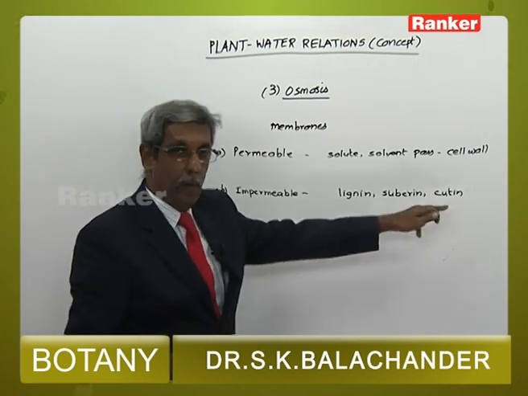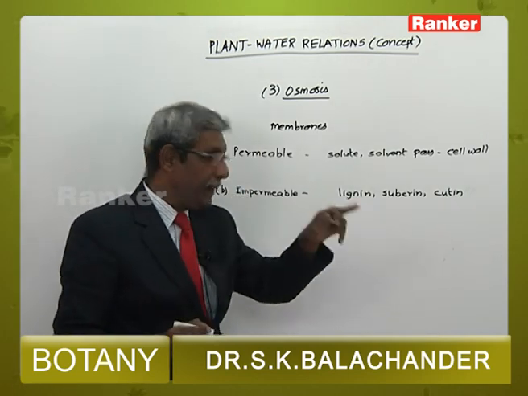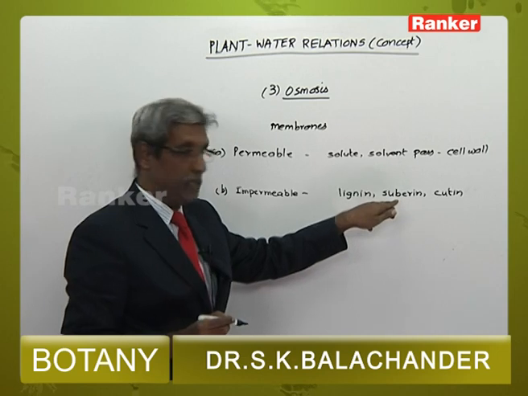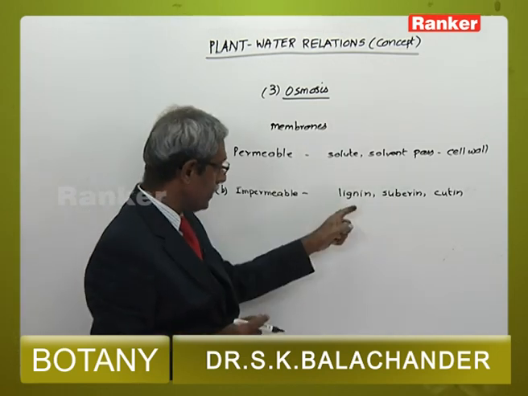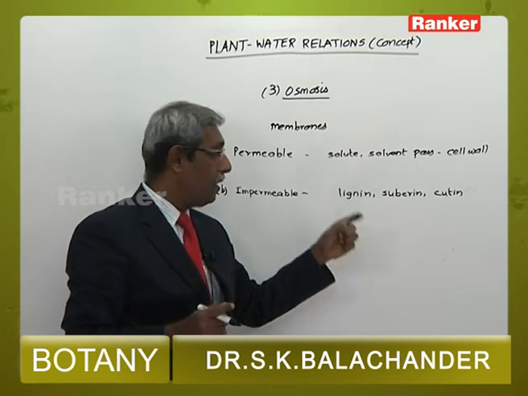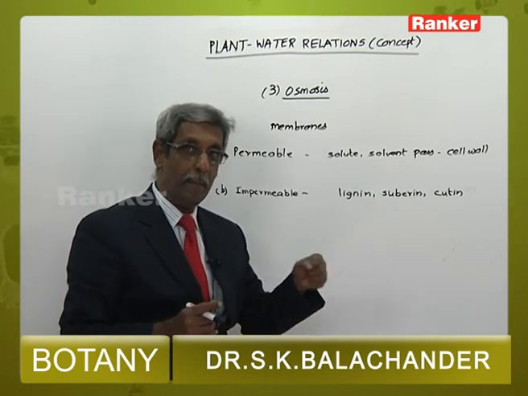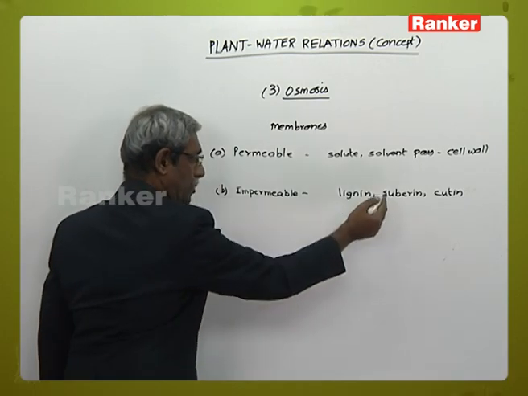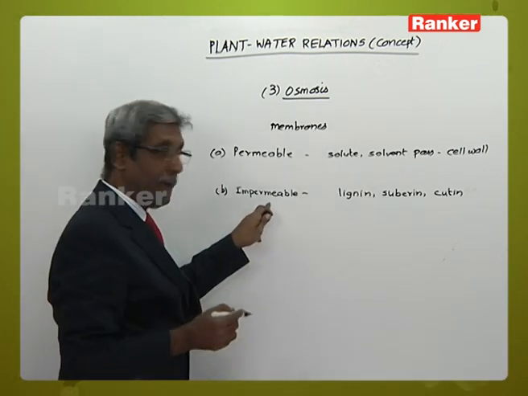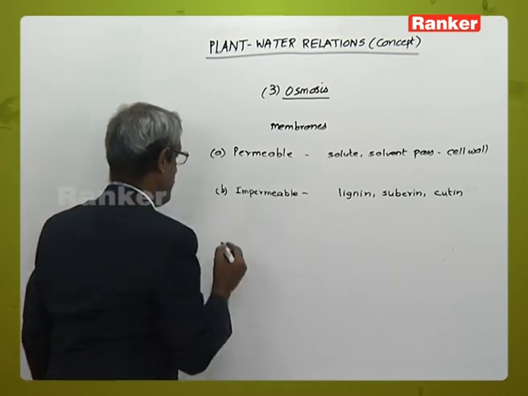Cutin is present on the surface of the epidermis. Suberin is present in thick walls in trees. Lignin is a brown compound which prevents any particular pathogen from attacking the plant. So all three of them, lignin, suberin and cutin, are examples of impermeable membranes.